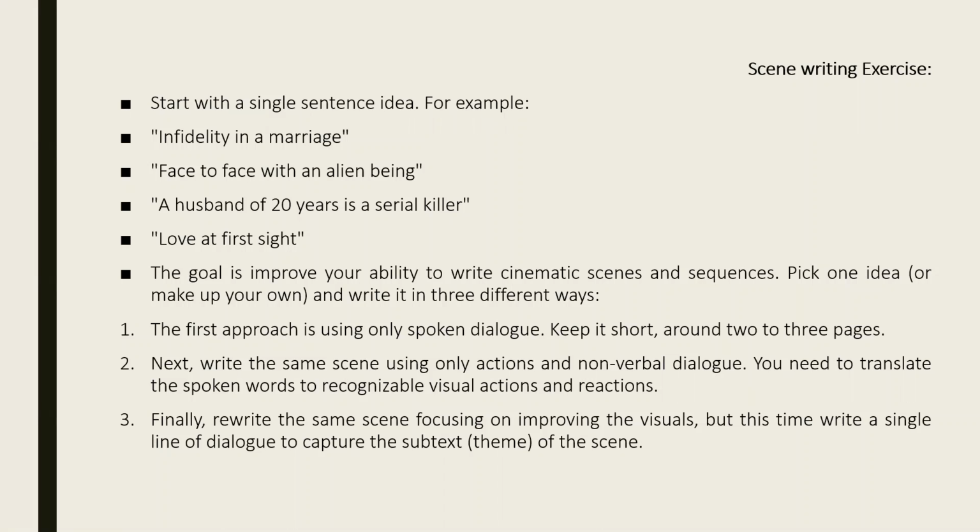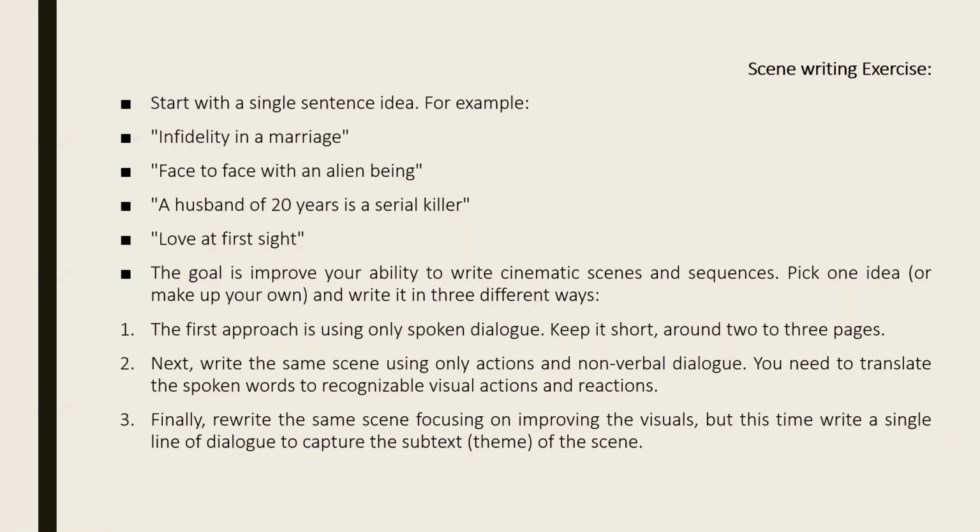And then you can come up with your own single sentence idea and then write it in 3 different ways. The first approach is using only spoken dialogue. Keep it short, around 2 to 3 pages maximum. So start with a single idea, use the spoken dialogue, and develop the scenes.